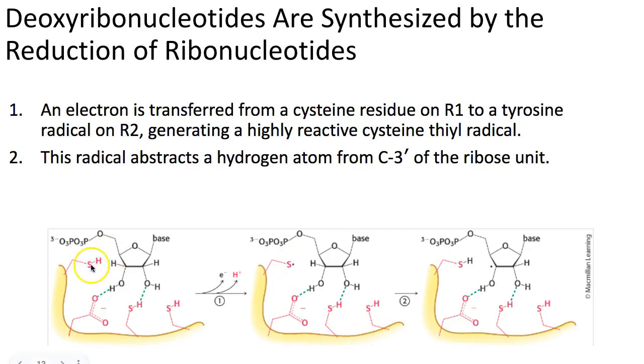And right, the sulfur right here is from the cysteine residues, and this structure right here is coming from the tyrosine.